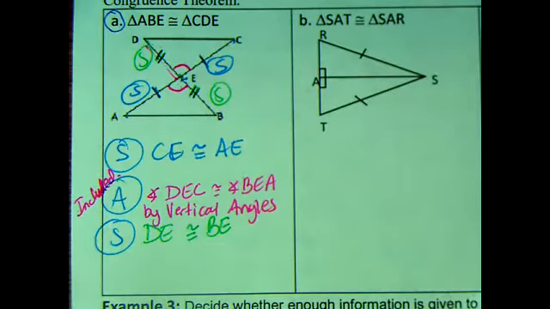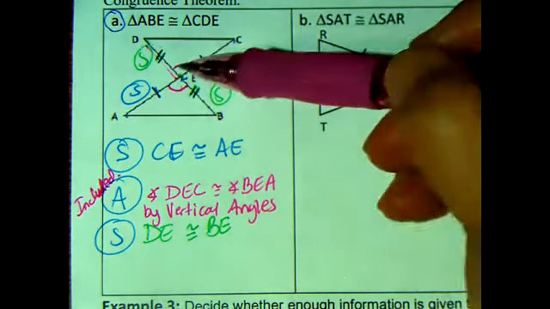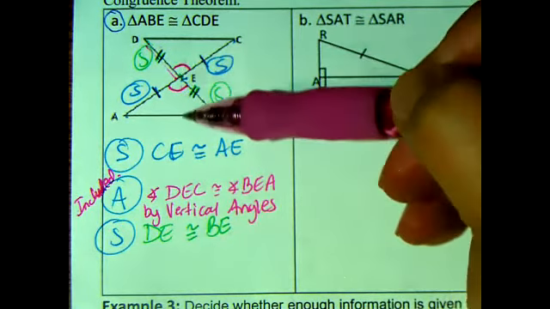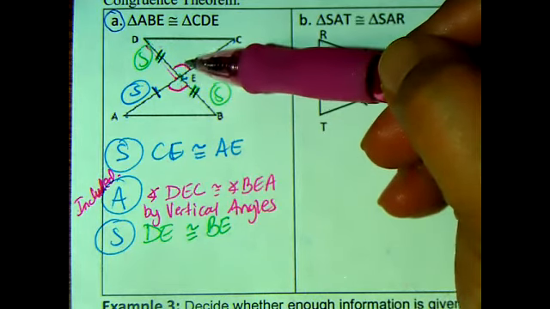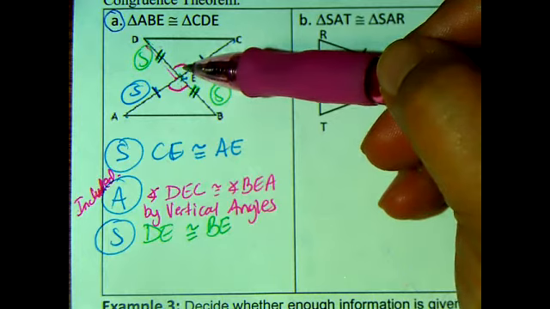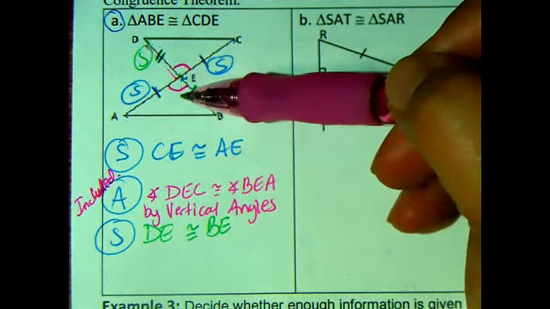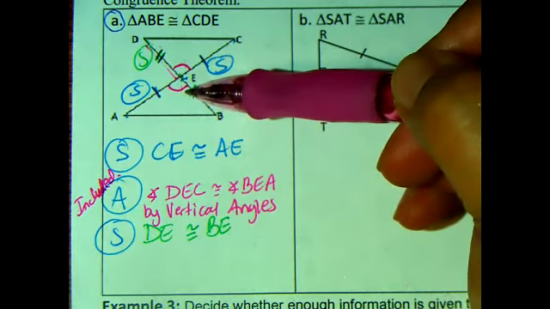Absolutely. I used the definition of vertical angles to show that even though these two angles did not have arc marks, the diagram and how they are created means that they are vertical angles. And the definition of vertical angles tells me that they are congruent.